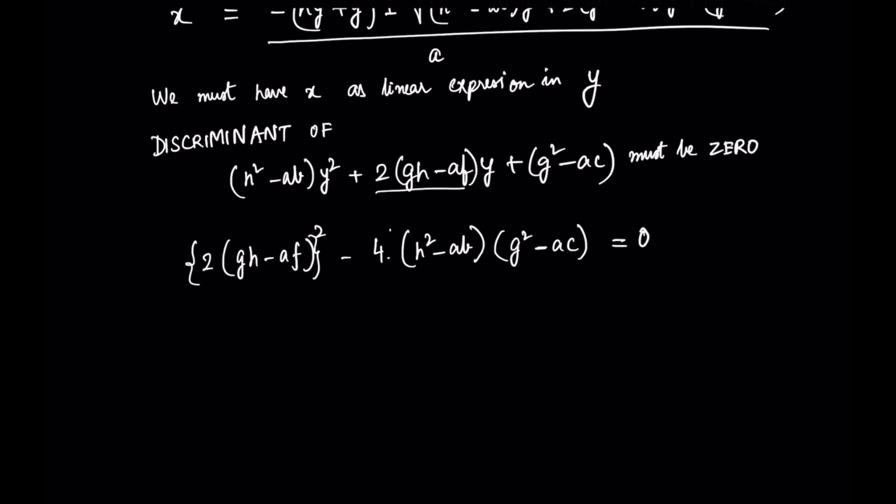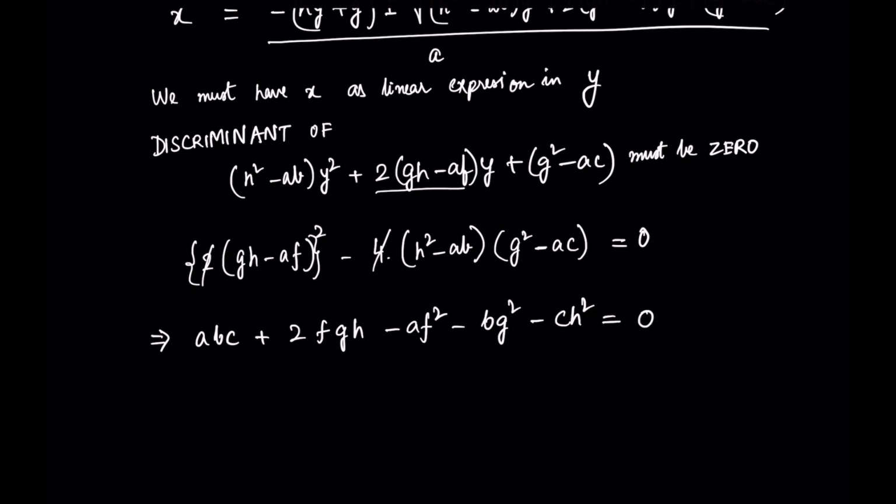The 4 will get cancelled out, equal to 0. And you will be getting abc plus 2fgh minus af square minus bg square minus ch square equals 0.